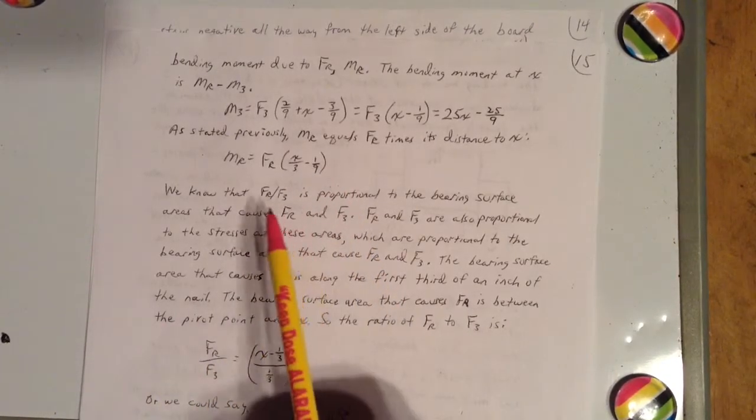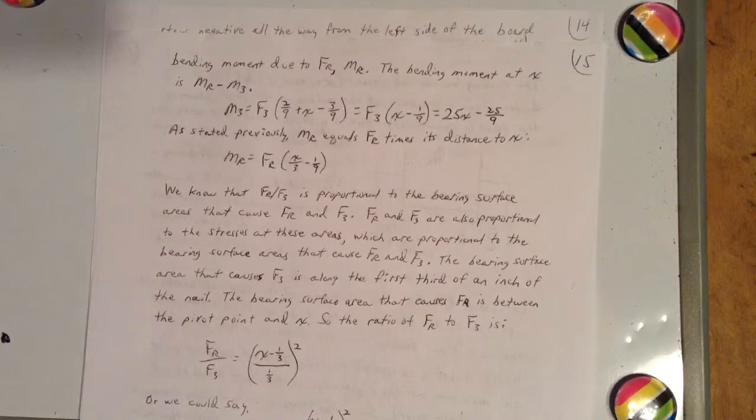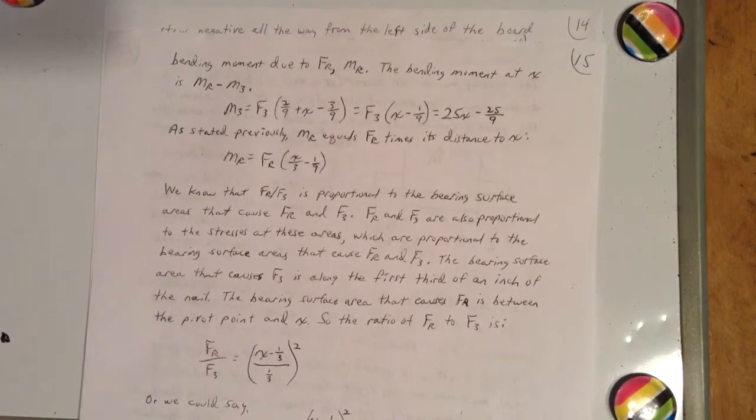We know that FR over F3 is proportional to the bearing surface areas that cause FR and F3. Remember in part 3 we talked about F4 and F3, how F4's bearing surface area was twice that of F3, and the stress along that bearing surface area was also twice as much as the stress along the F3 area, which made F4 4 times as much as F3.